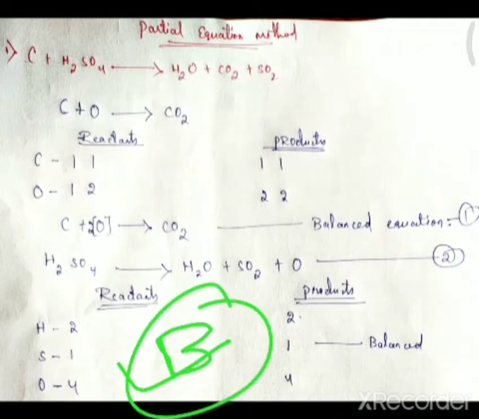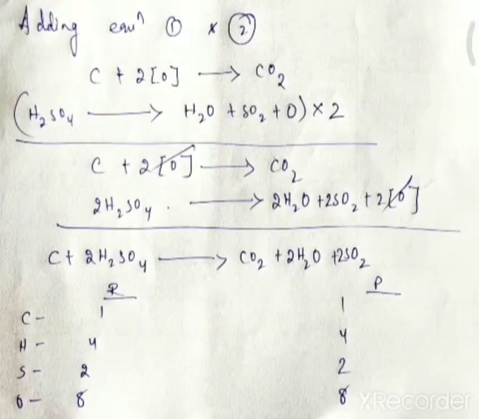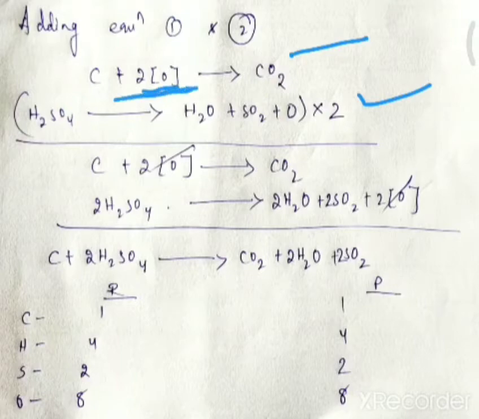Okay, now what we will do is add the first equation and the second equation, after that we will get the balanced equation. So add them. This is your first equation, this is your second equation. Here you can see that in the first equation two atoms of nascent oxygen are there, and in the second equation, in the products part, nascent oxygen is there but only one atom.